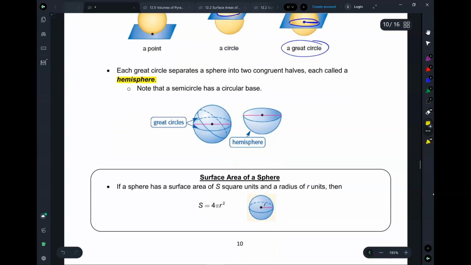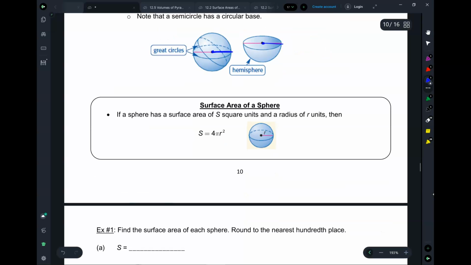You guys all know that. So if this is a sphere, it's got a radius here. It's got a radius here. And now if you have a hemisphere, it's obviously going to have the same radius.